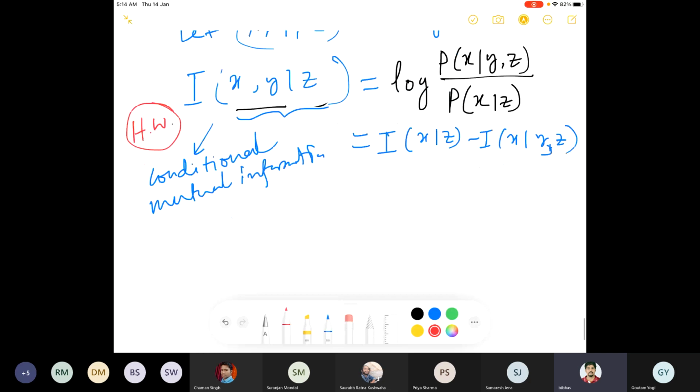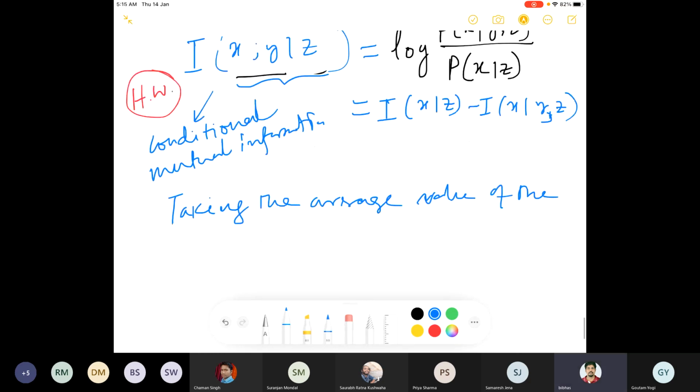Now since we have this expression for small x, small y, small z, we can take the average of both sides, the average value of the above expression.